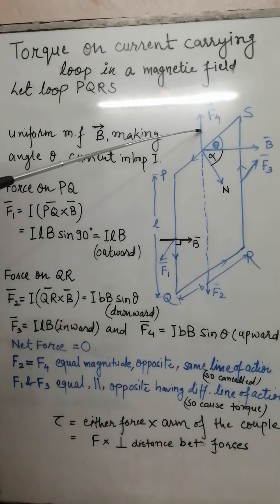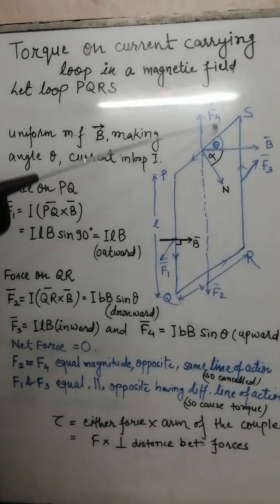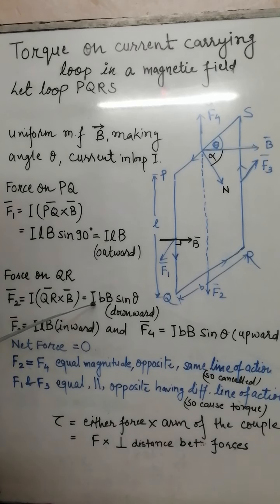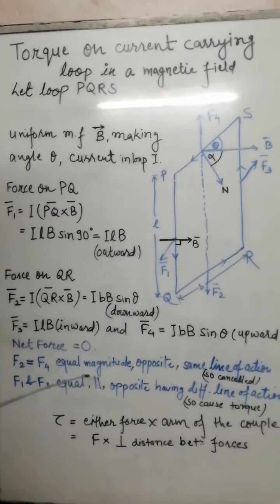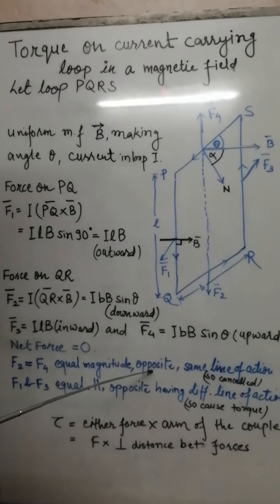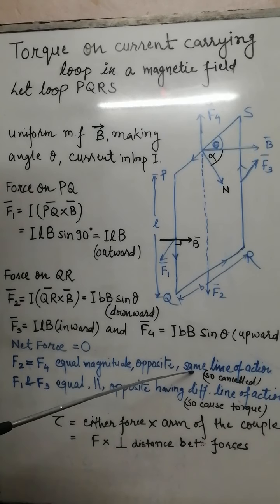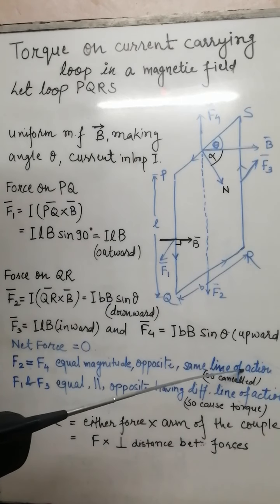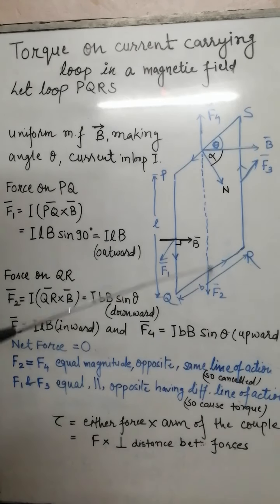Okay, you see F2 and F4 are equal. F2 is equal to I B B sine theta, and F4 is also I B B sine theta. This is in downward direction, this is in upward direction. So these two forces are equal in magnitude, opposite in direction, and acting along the same line of action. So these two cancel out each other.